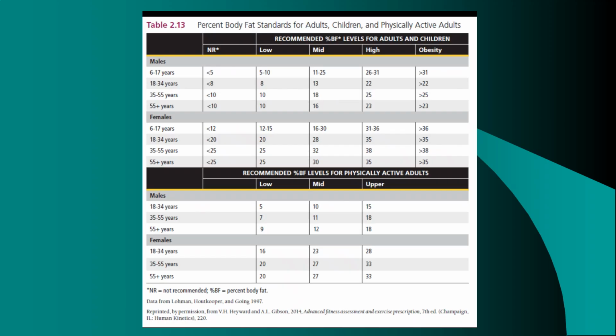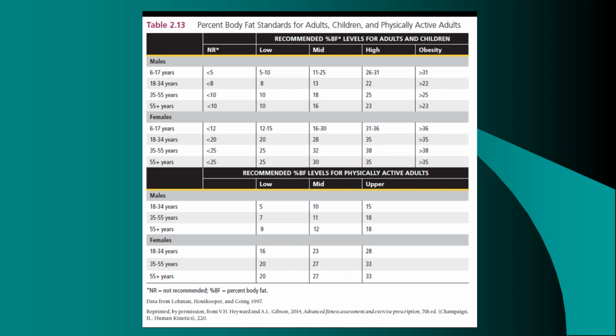And so here are the percent body fat standards for adults, children, and physically active adults. This is not something that you just want to memorize, but remember that males will have less body fatness than women. Remember that as you age, you will have a higher amount of body fat, simply because one of the aging factors is that you're going to be losing lean body mass.